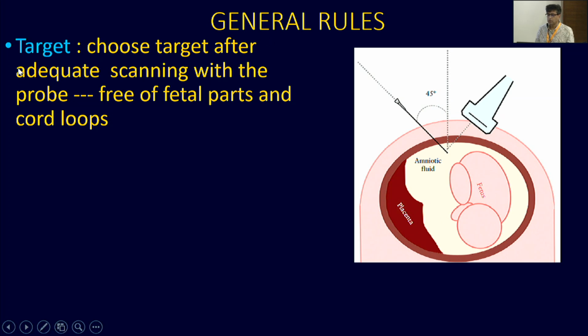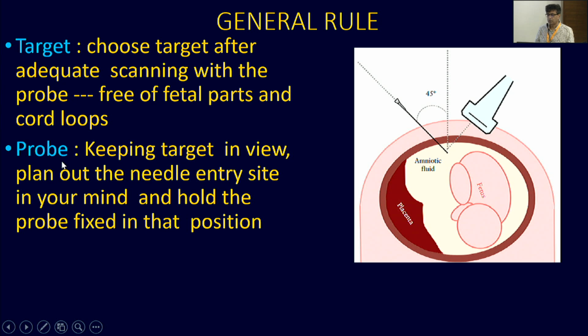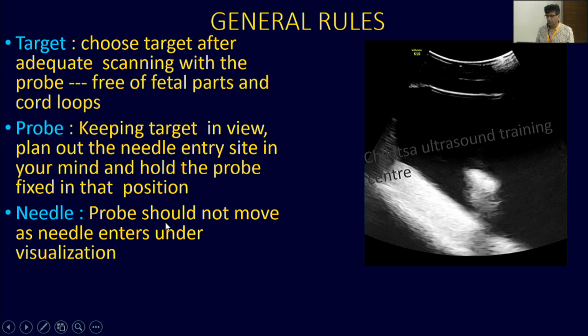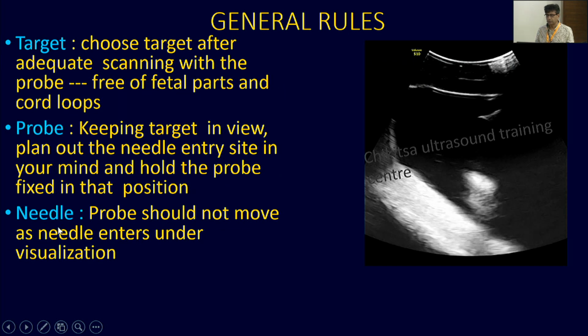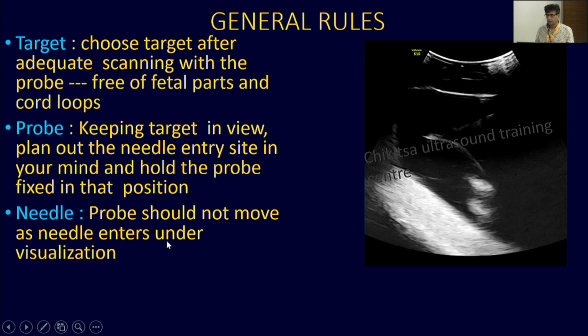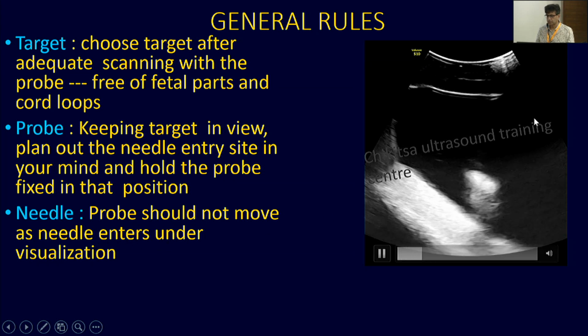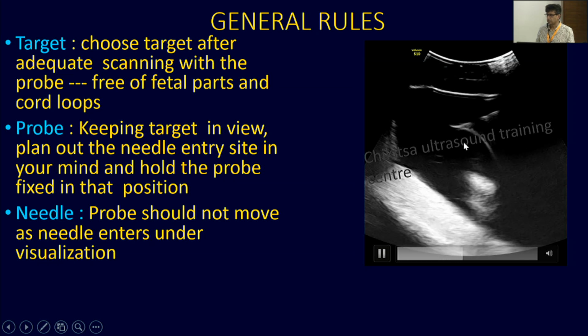A few rules. The target, you have to choose after adequate scanning with the probe. Make sure that it is free of fetal parts and cord loops. Once you have identified the target, then you have to plan out in your mind the needle entry site, and once you've planned that, you hold the probe fixed in that position, and then you take the needle, and once you start inserting the needle, the probe should not move at all as the needle enters under ultrasound visualization.